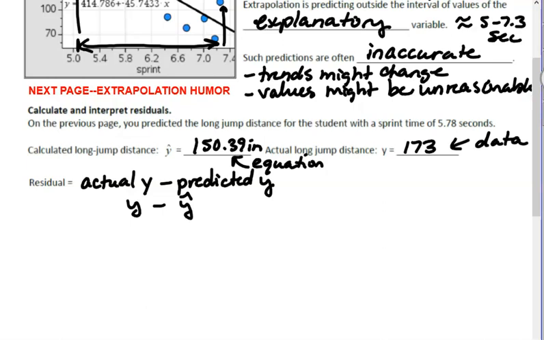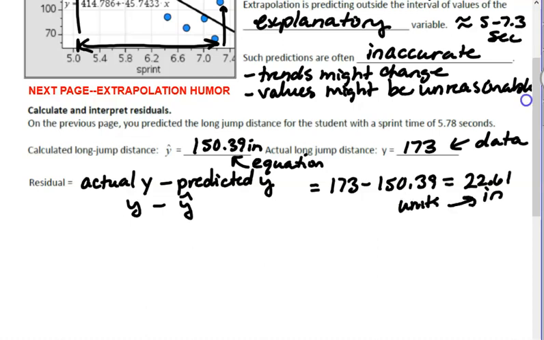So in this case, our residual would be 173, which is the actual, minus 150.39, which gives us 22.61 inches. Unlike correlation, residuals have units. So the residuals will have whatever y units. So make sure you include units on your residuals.